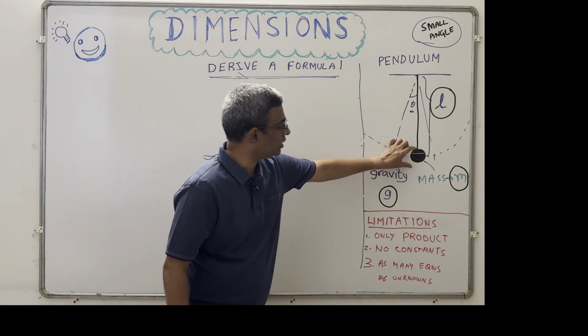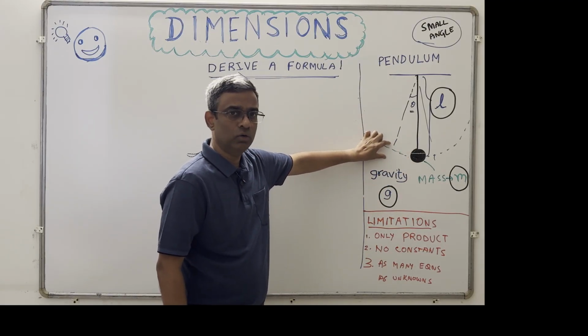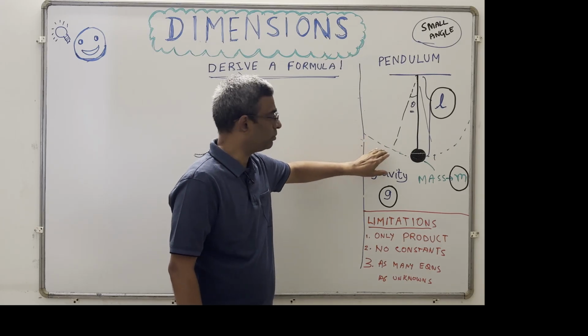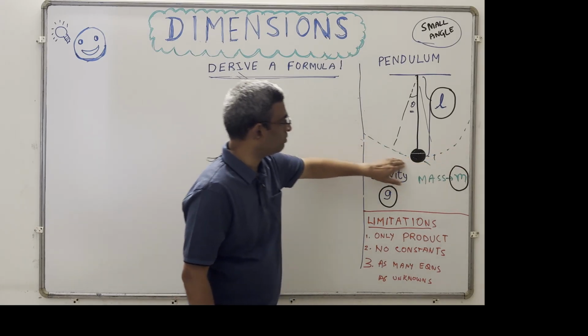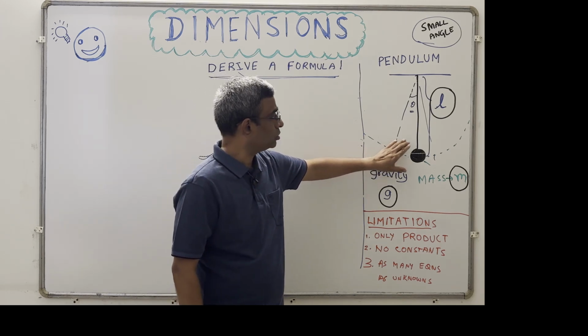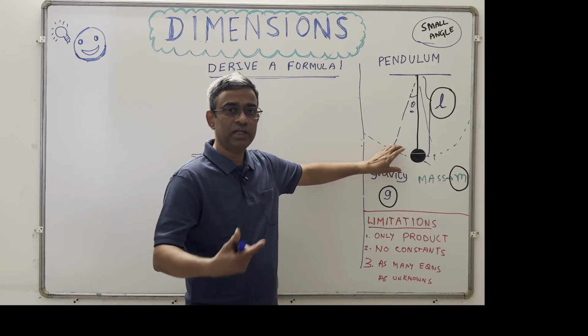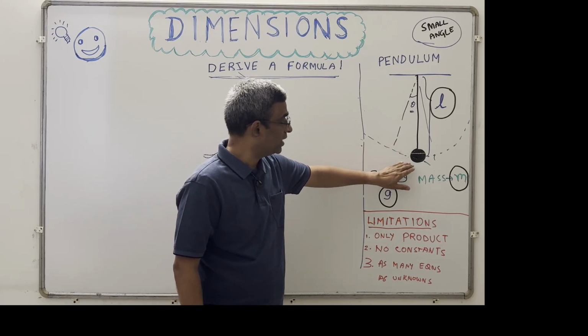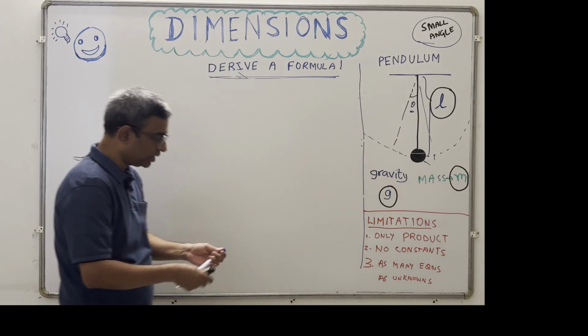The time when we pull the bob to one side and let it go, the time it takes for the bob to start from this end to go to that end and then come back, that is one time period.